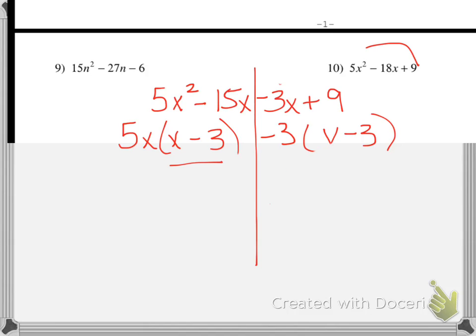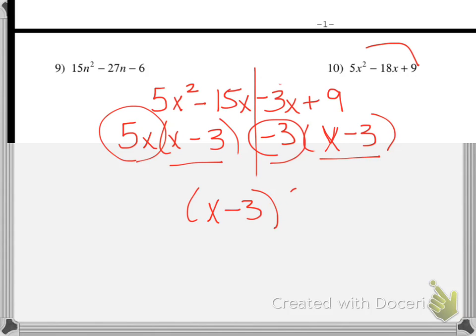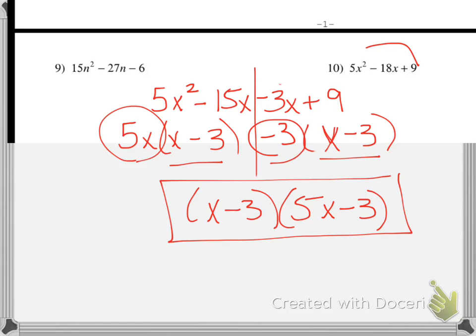You'll develop your own ways as you get more involved in algebra. That was supposed to be an x. There's my match. x minus 3. And here are the guys that go in the next one. So we have a 5x minus 3. Final answer.